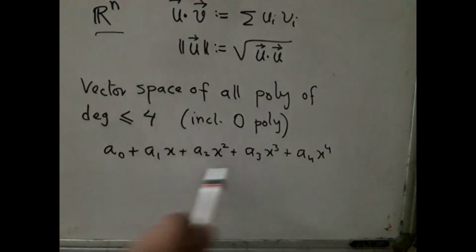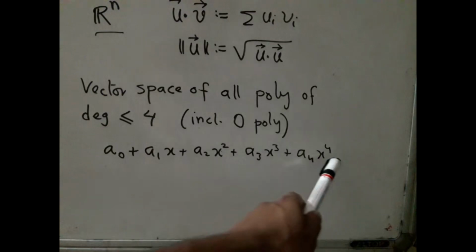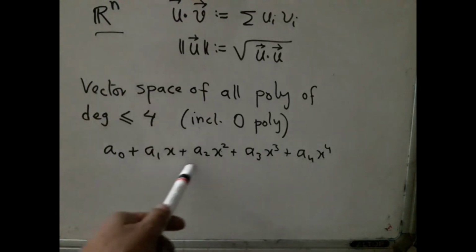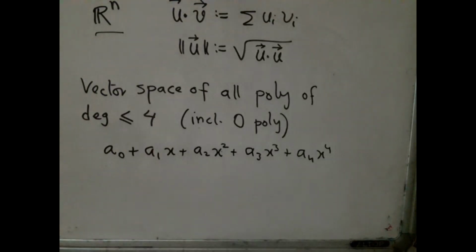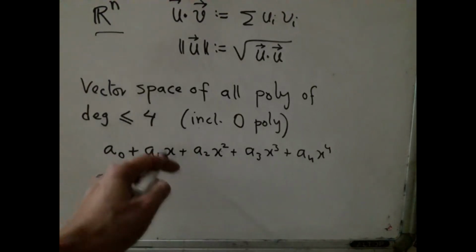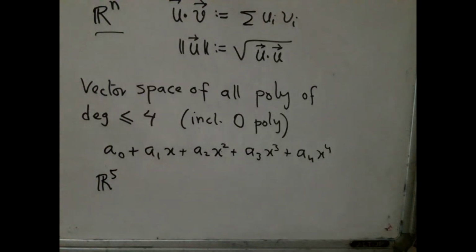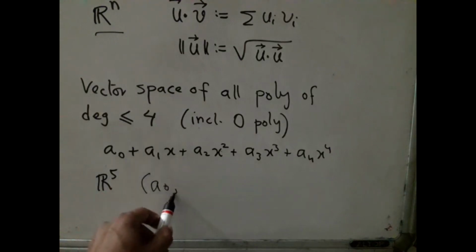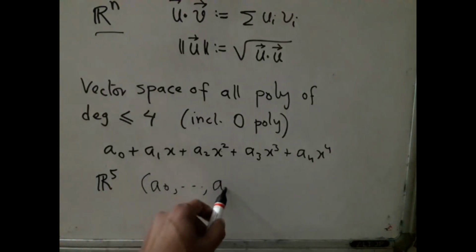Now, any such entity will be of this form. I am working over field R, so it should be a0 plus a1x plus a2x square, etc. Now, here I can easily see that this is nothing but R5. Other than these unnecessary plus signs and the symbol x, basically this entire polynomial is represented by these 5 numbers a0 to a4.